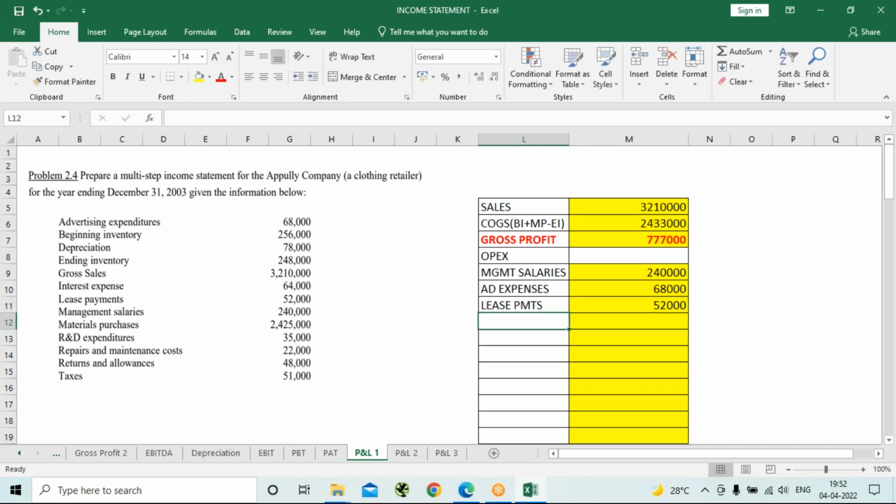Is there anything else? Can I have a look once again at the table and find out, is it only this many operational expenses or do we have anything else?